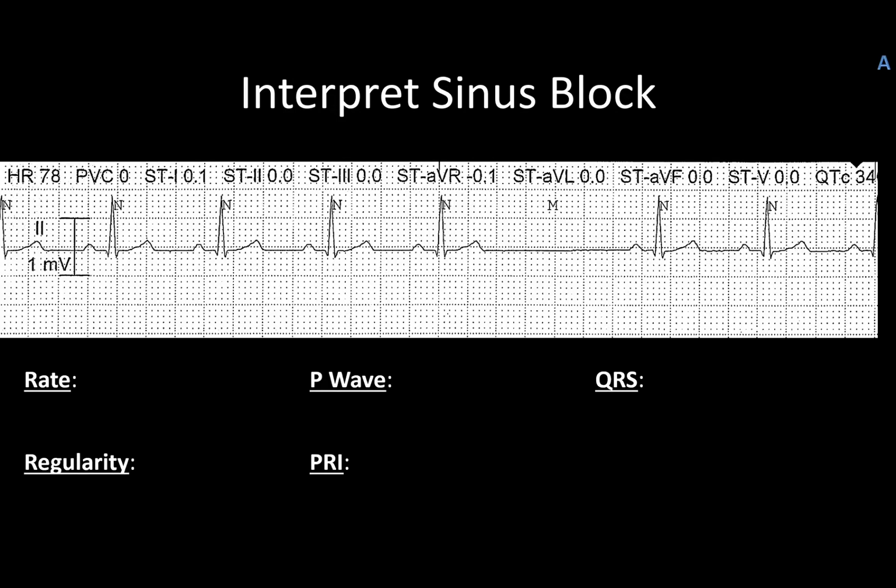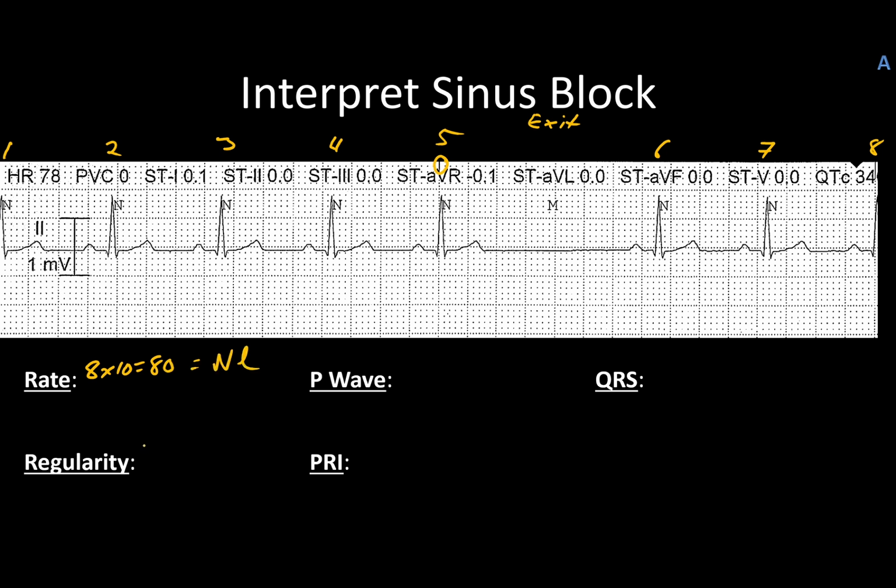All right, so for sinus exit block, we'll go ahead and get our numbering going like always. There's just a little bit of an 8 there. So we have 8 times 10, and so we have a normal rate.